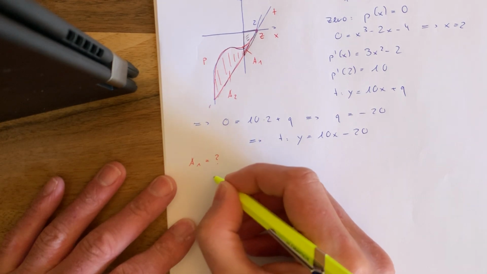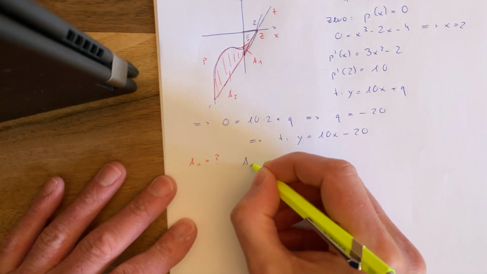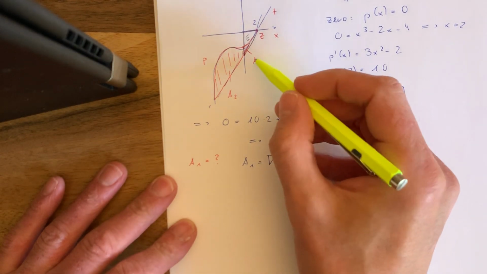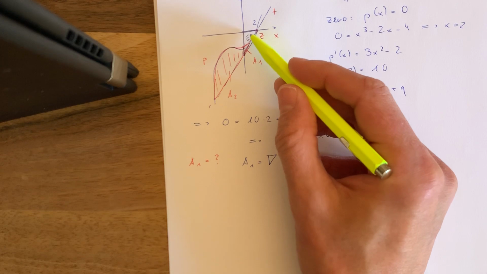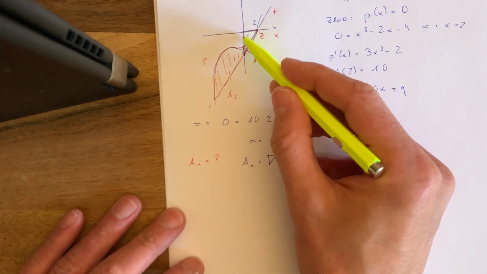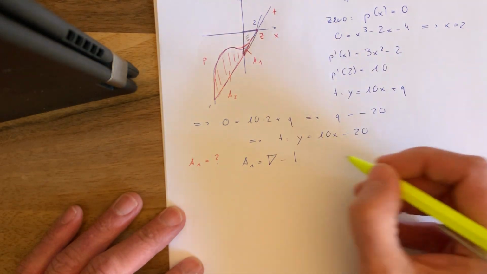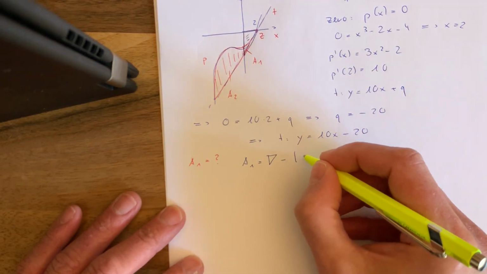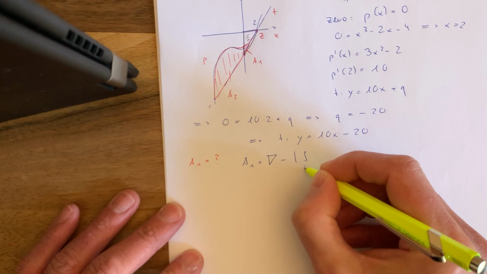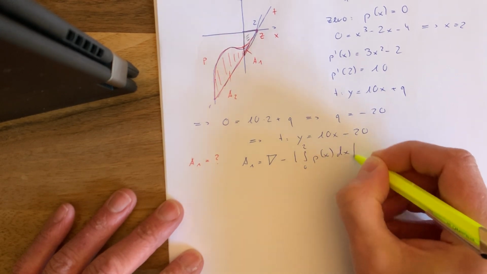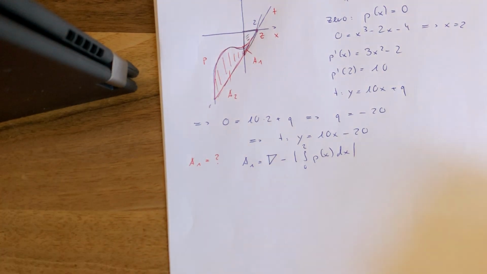So A1 is the triangle minus the integral. However, since this area here is below the x-axis, the integral will be negative, and since we are dealing here with an area, we need to take the absolute value of that integral. Okay, so it's just forgetting the minus we will get here.